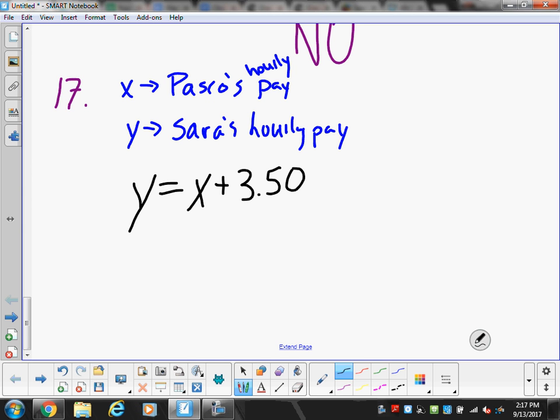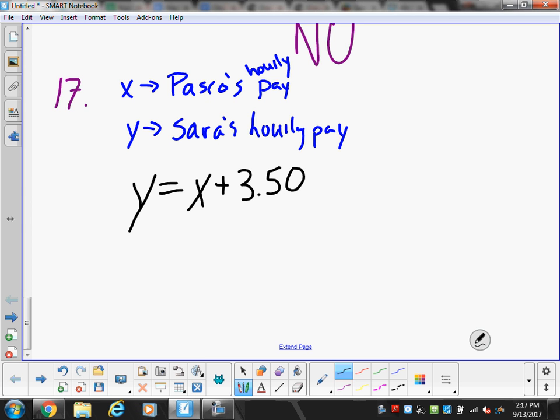Right, but we don't need to know how many hours. The way it's read, it's talking about the hourly pay, so we don't need to know the number of hours. Okay. So this is the equation.